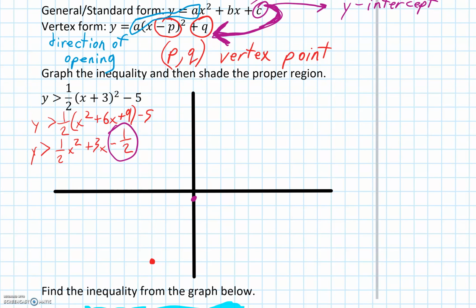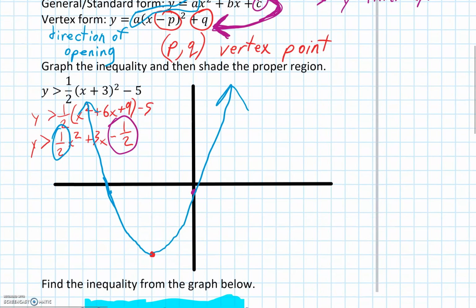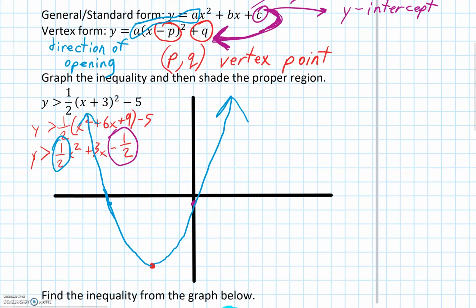With just those 3 pieces of information, i.e. the direction of the opening being positive, we can actually graph this well enough. It's not going to be perfect, but good enough for the purposes of what we're doing here. It should look something like this. So we have roughly the graph. It's not perfect, but close enough.